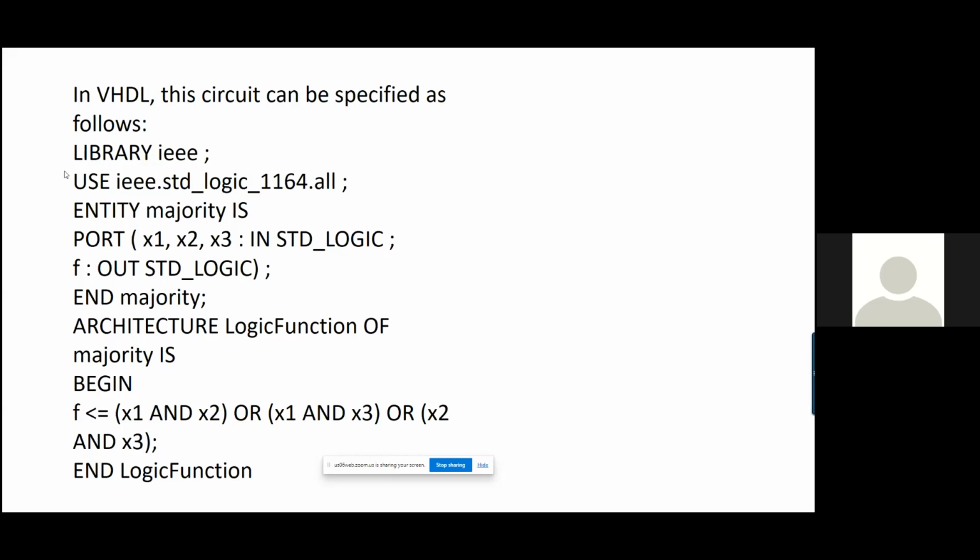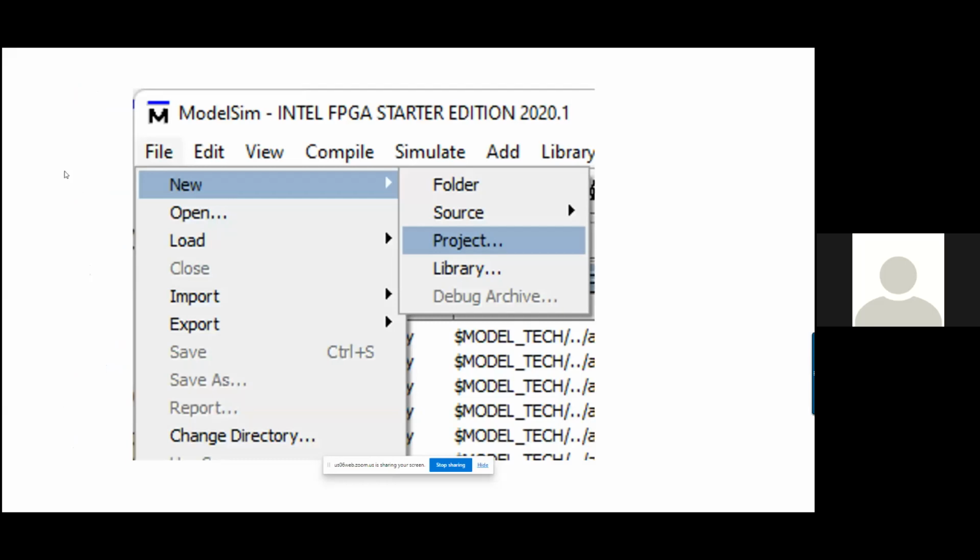So we just try this logic, or this problem, of how to simulate using ModelSim Intel. First of all, we open ModelSim Intel FPGA Standard Edition. Here we go to File, then we select New, and then Project.